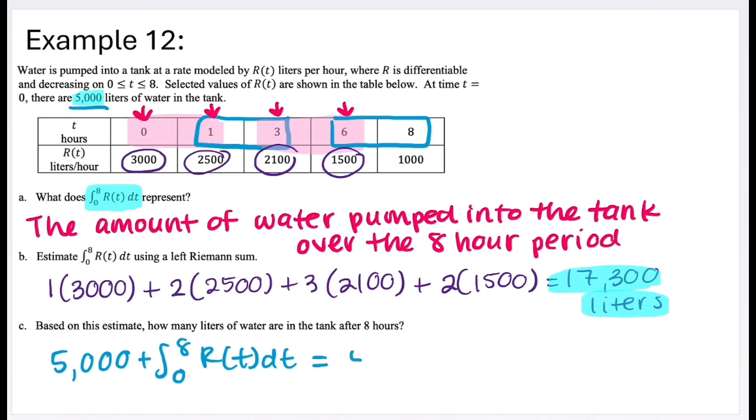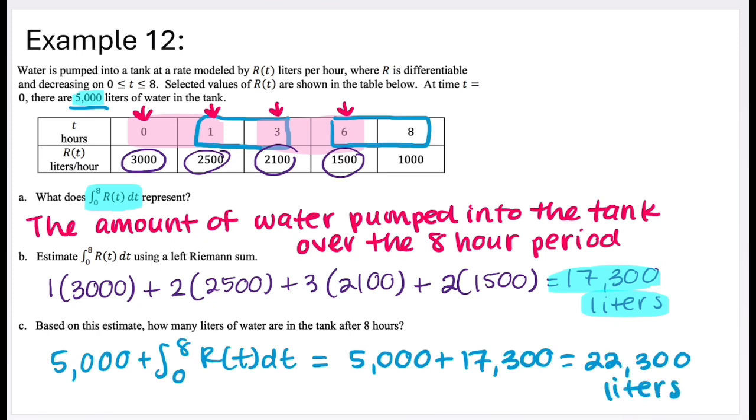And we already know what that is. We estimated it, so that's what we're using for this one. So 17,300. And we get a total amount, or a total estimation, of 22,300 liters. So that's how many liters we would expect based on that estimation to be in the tank after those 8 hours.